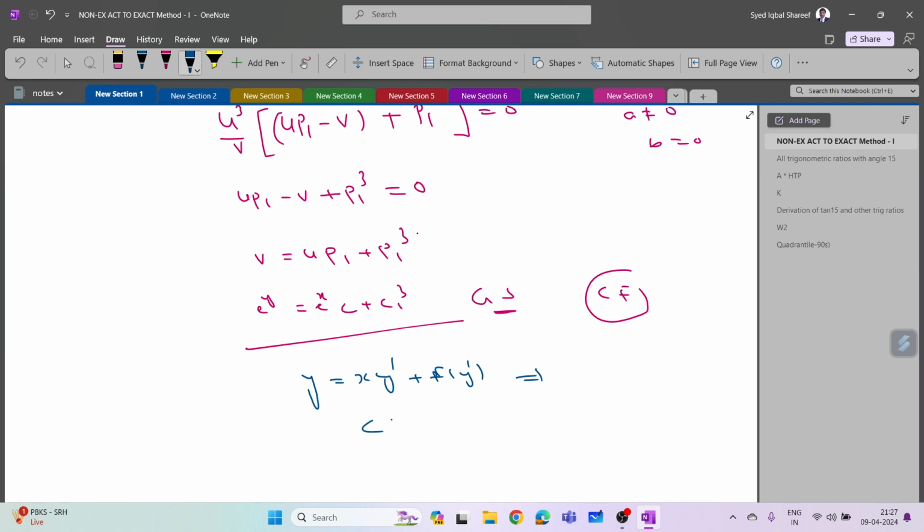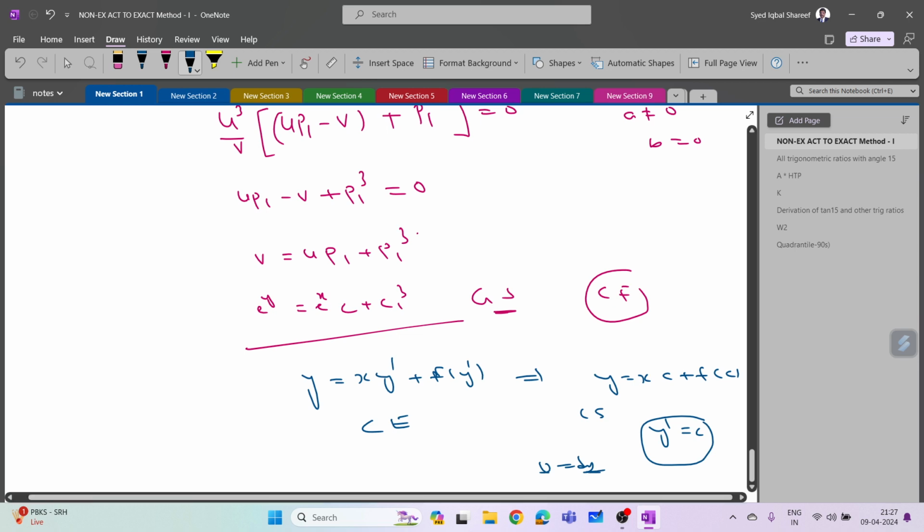This is the Clairaut's equation. So Clairaut's solution will be y equal to xc plus f of c. That means indirectly we are writing y dash equal to c. Sometimes y dash equal to p, what is p? dy by dx. This also we have done. That's it. So simple. This is the Clairaut's equation, this is the Clairaut's solution. We are adjusting the steps according to the problem.